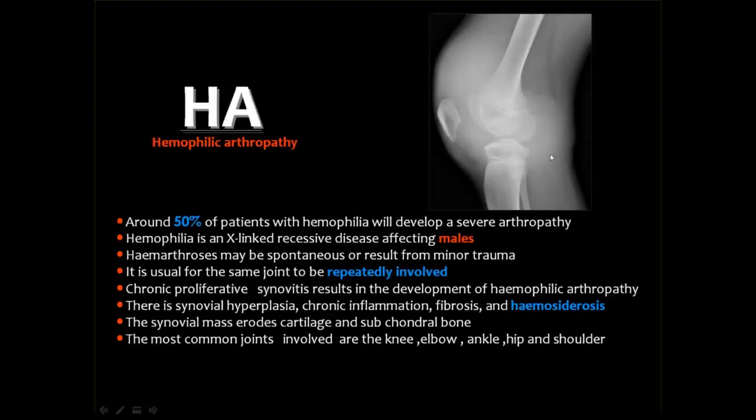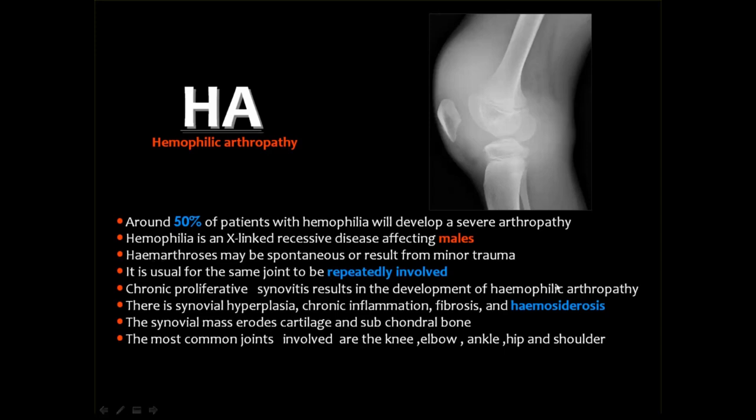Look here at a lateral view of the knee of a patient with hemophilic arthropathy: you see a very big soft tissue swelling around the knee, which is just blood inside the knee joint, hemarthrosis. You can easily appreciate the density of the blood compared to the density of the muscles, for example.